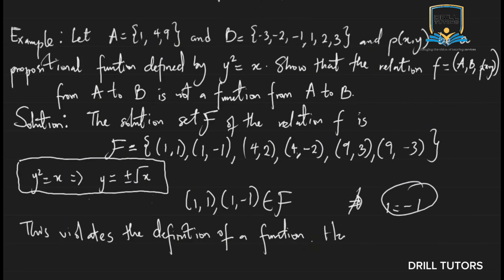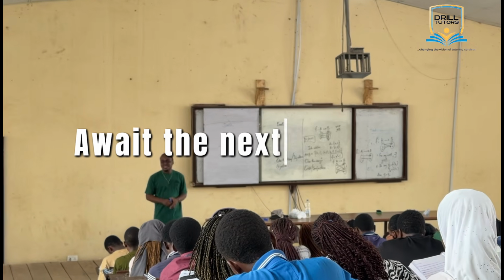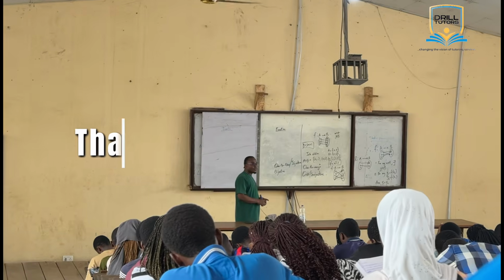And F is not a function from A to B. And that leads us to the definition or the concept of domain of a function. And subjective. What did I say?